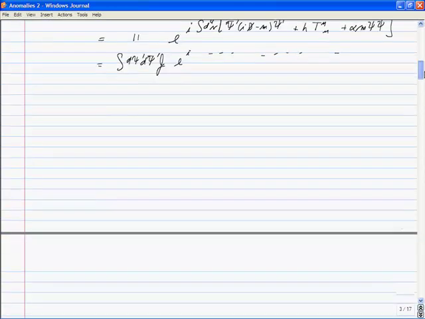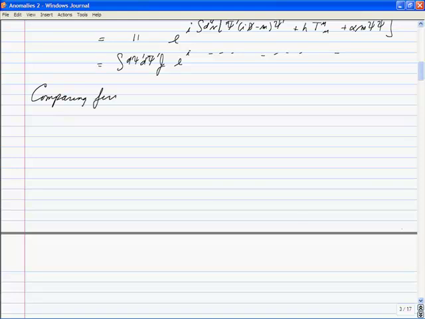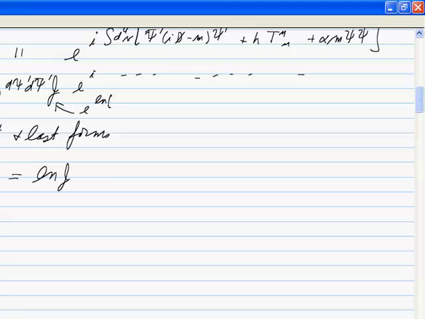So comparing the first and last line, we have i integral d4x alpha times T mu mu is log J, so this is e to the log J, plus i integral d4x alpha m psi bar psi.